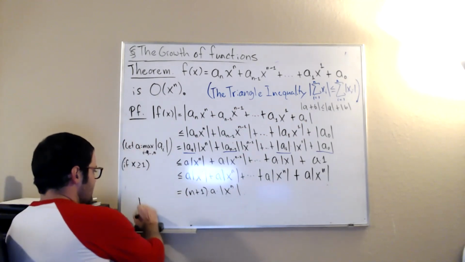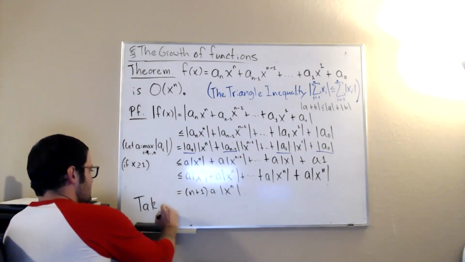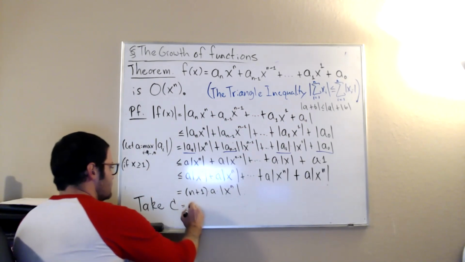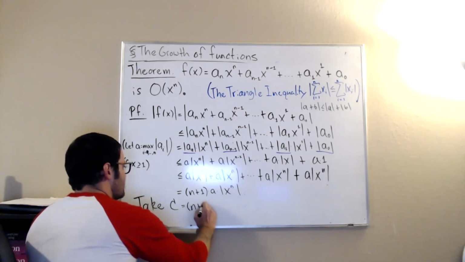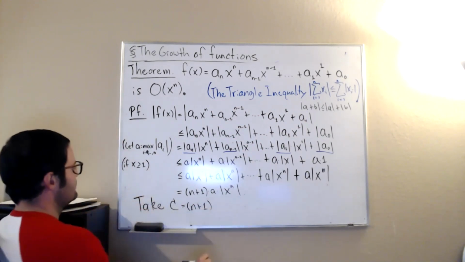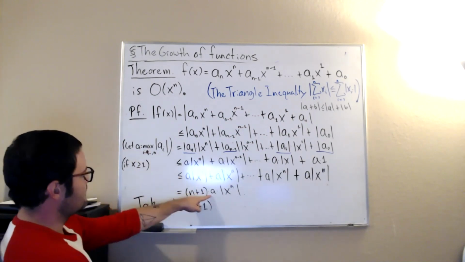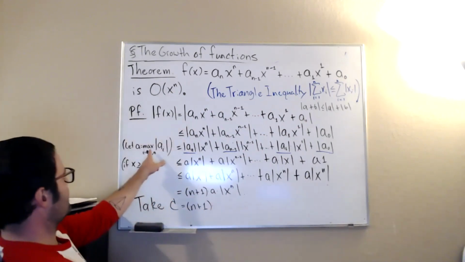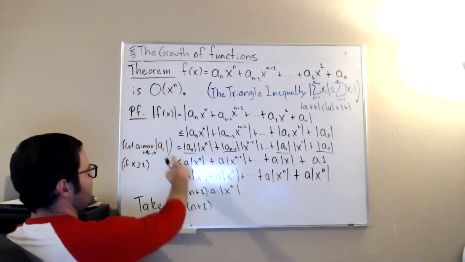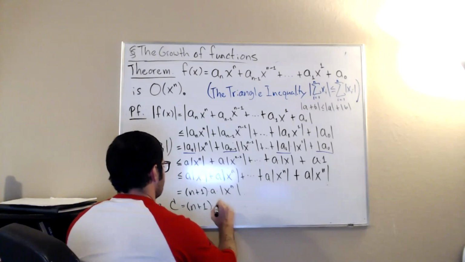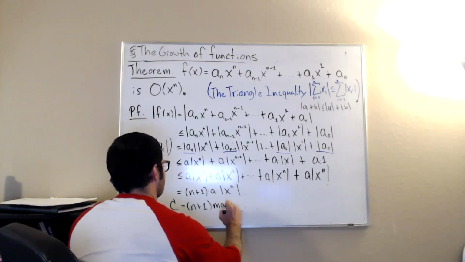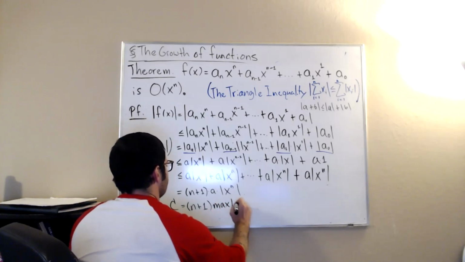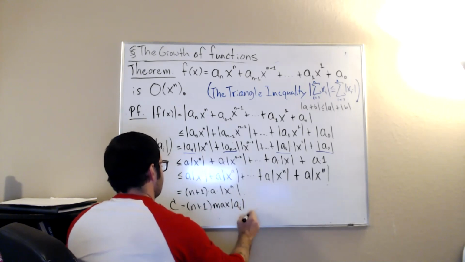So now if we take C equal to n plus 1 times A, but what was A? A was the maximum over all those coefficients, max of A sub i.